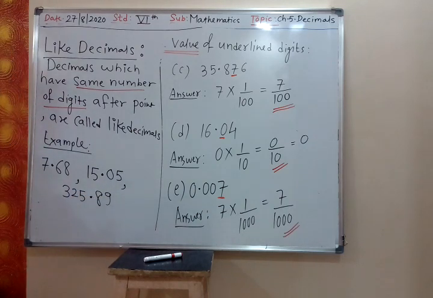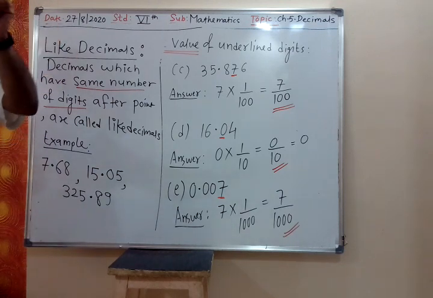There are three decimals. We are giving the example. I am saying that the decimals are like decimals only when after the point the number of digits is the same. You have to count the digits after the point.